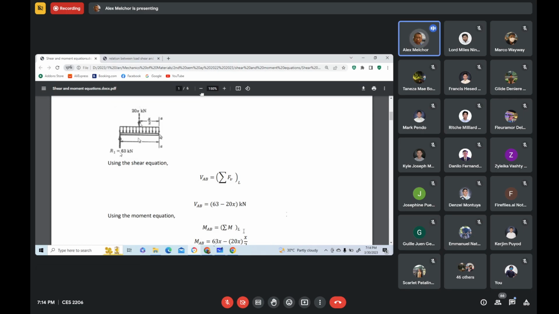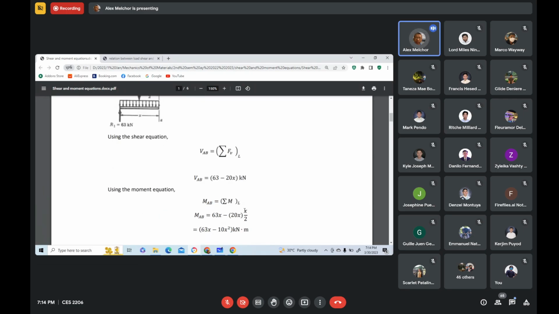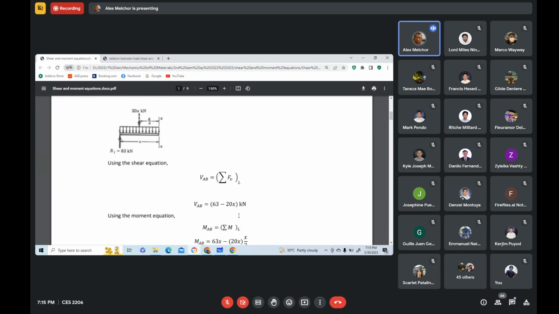So it causes negative moment. So minus 20x times x over 2. So that's why you have here x over 2. And simplifying, we have now this: 63x minus 10x squared kN-m. Okay, so that is to recall.